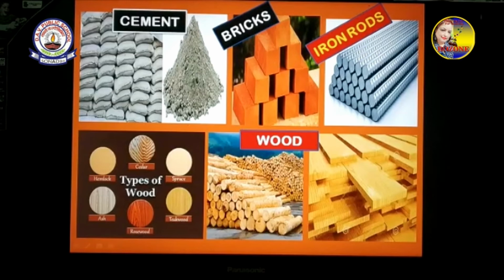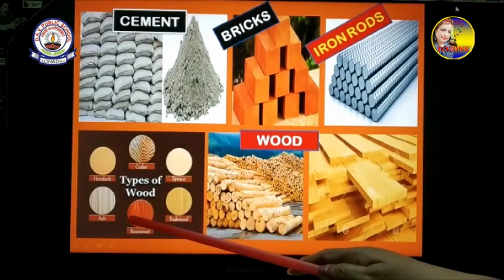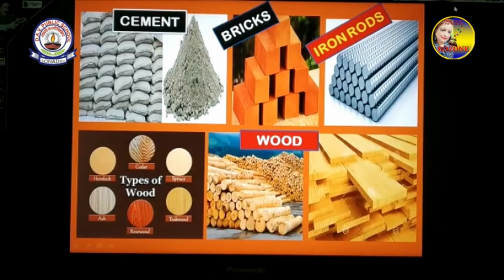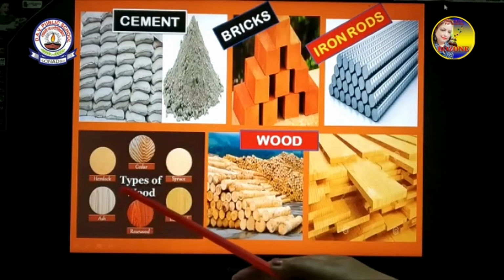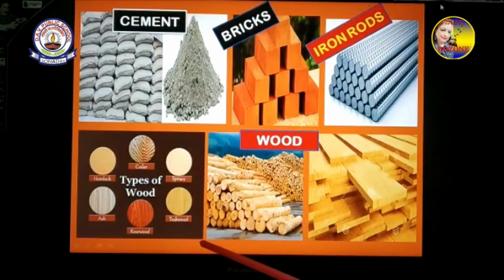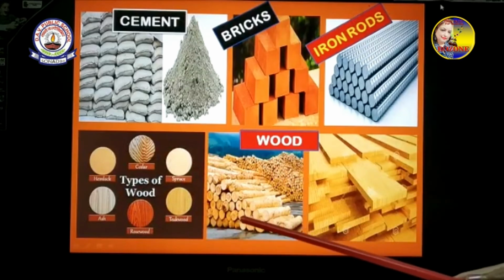Then this is wood, and you have got types of wood. You will find these are the different types of wood, like cedar, hemlock, spruce, ash, teak wood, rosewood. From different trees we are getting these different types of wood, and every type of wood we use in our houses for windows and for doors and all these things.